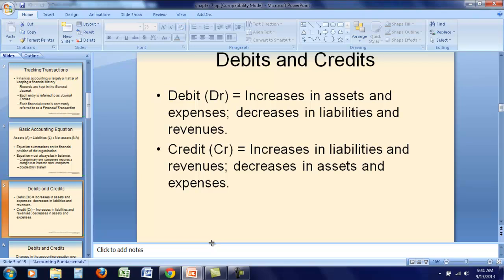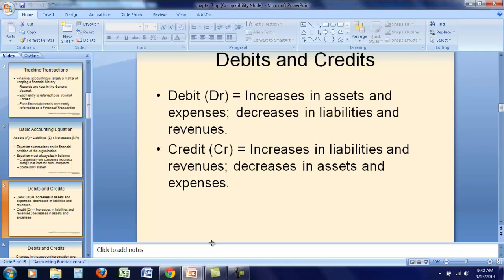The reason they're on the left side is that a debit increases those items. And on the right side, the credit side, there are liabilities, revenue, and capital, which is also known as equity. The reason those are on the right side is that if you credit that item, it increases those items.